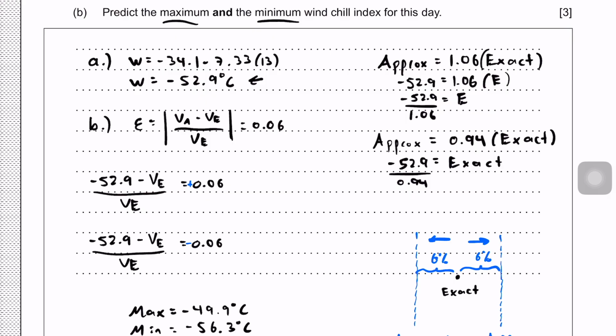We don't know what was there initially. We know that it deviates by 6%, but we don't know if it was 6% higher or lower. So we actually have these two situations, these two equations.